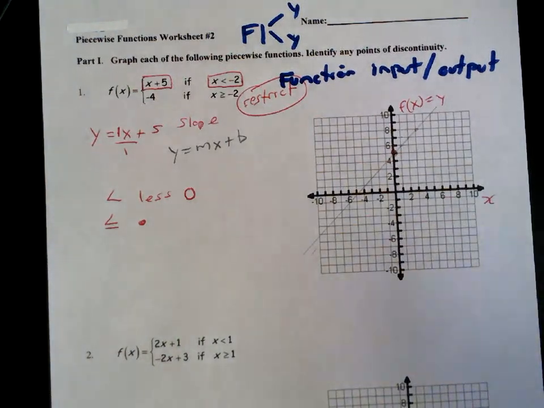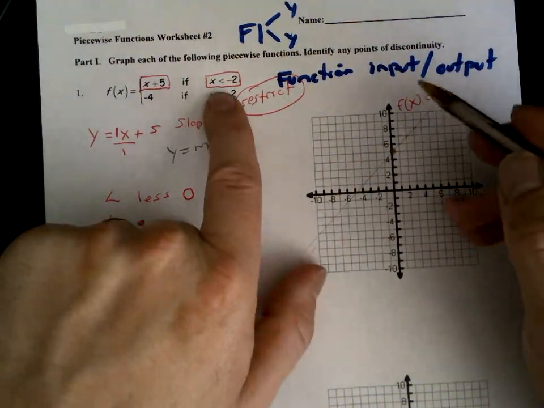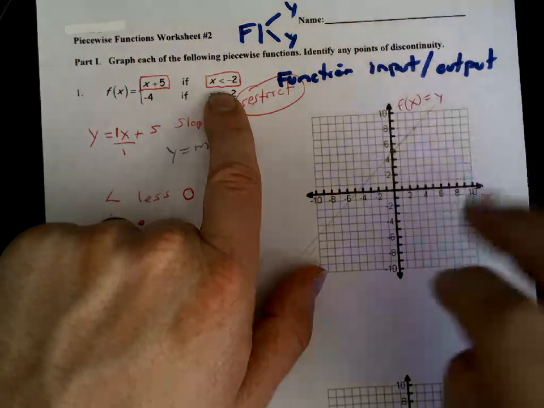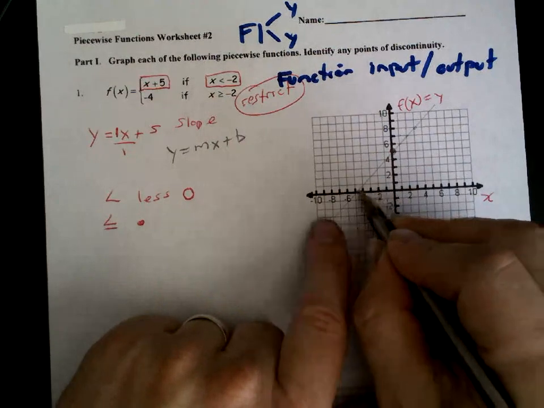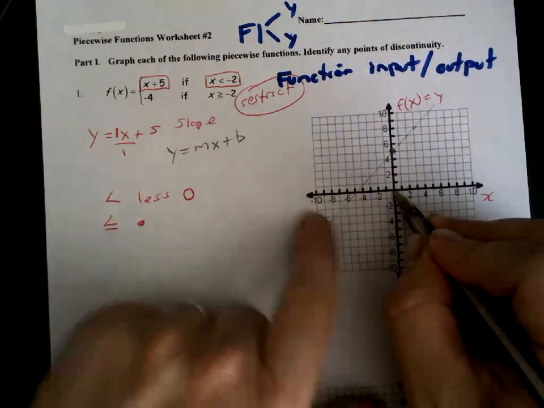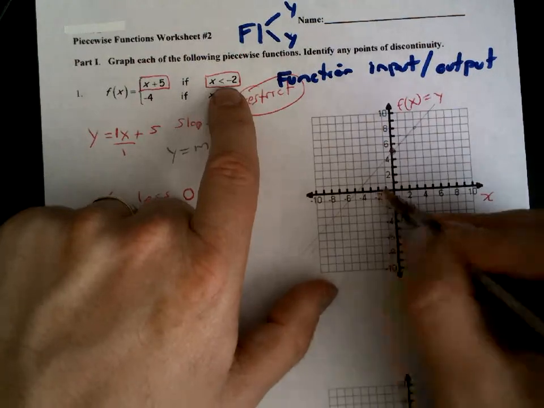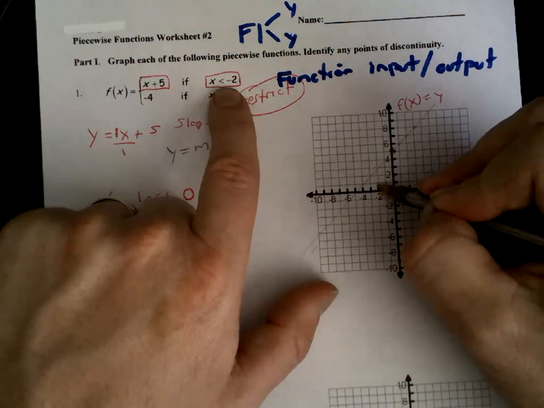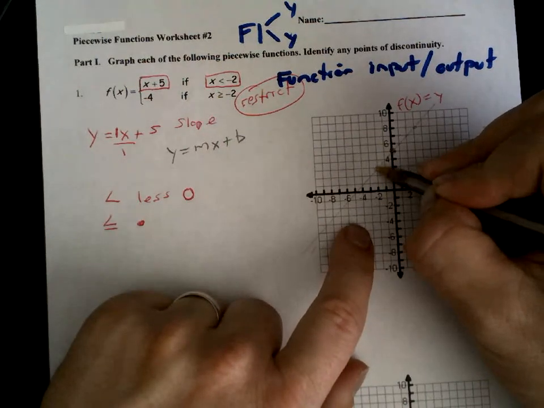So here we go. We're going to start over here and say x is less than -2. So I'm going to go down on the x-axis. See the x-axis here? I'm going to go to -2. Now I'm going to go up to my function, and I'm going to hit right there.